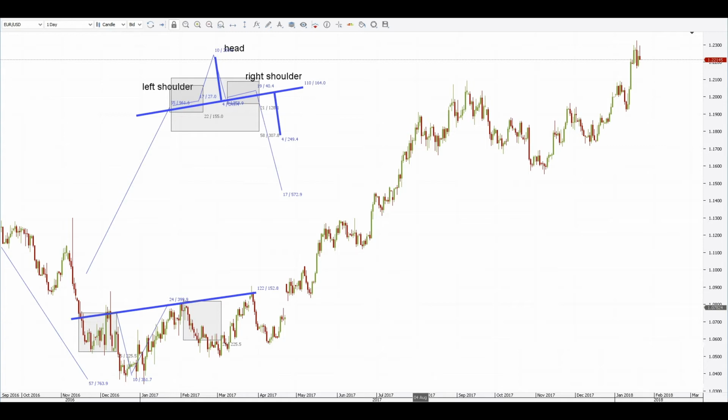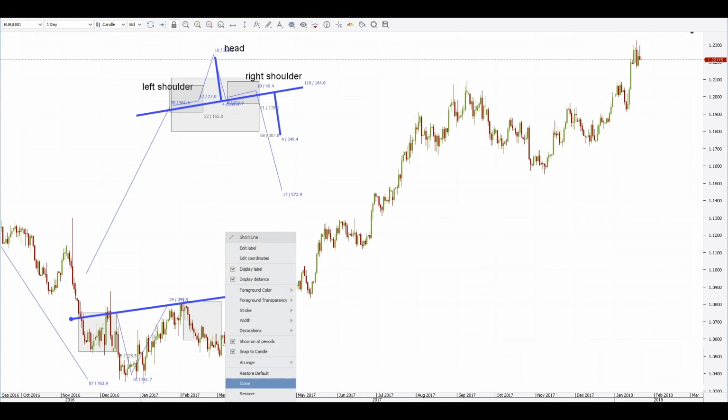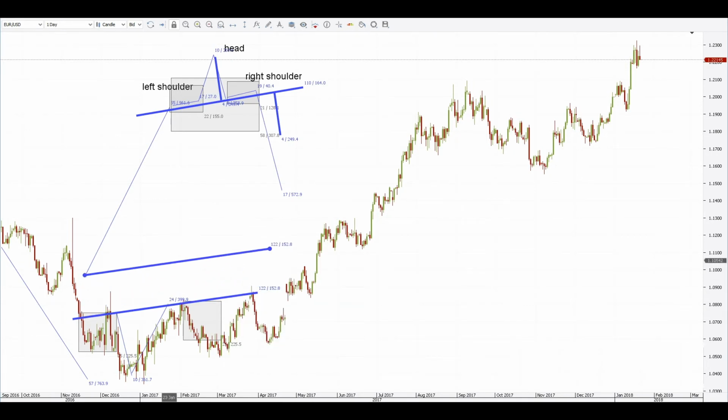The first step is to copy the neckline. We already know the neckline, right? So we copy the neckline as it is, and we project it, keeping the same angle, from the lowest point in this case, or the highest point if you trade a head and shoulders, not an inverse one, from the lowest point on the left shoulder here, which we already know.